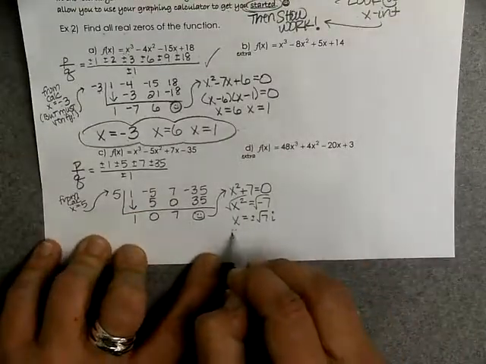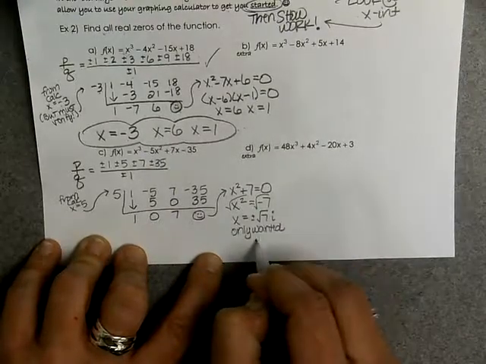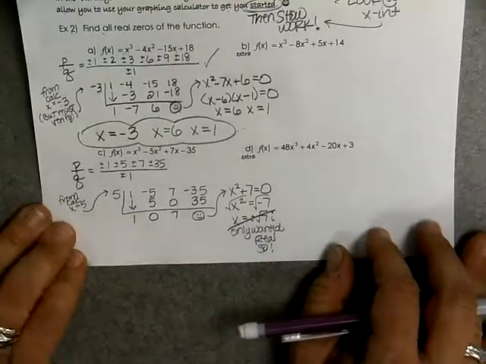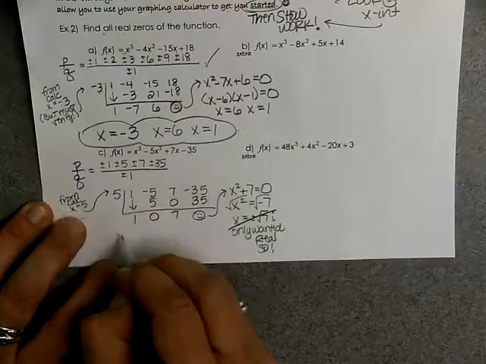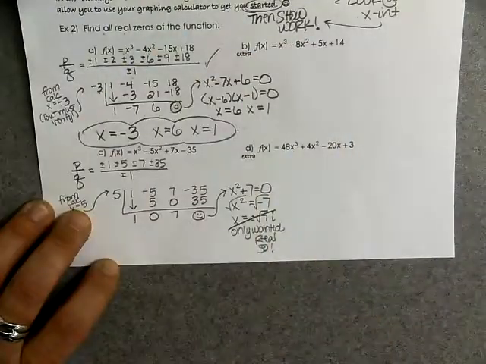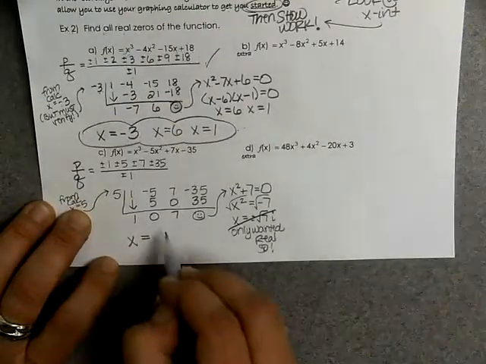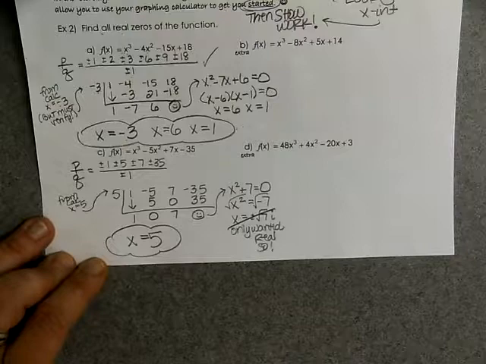So because it only wanted the real solutions, I'm going to ignore that as a possibility, which bugs me because I really think you should be able to list it, but whatever. Anyway, we end up with x equals 5 as our only real solution for letter C.